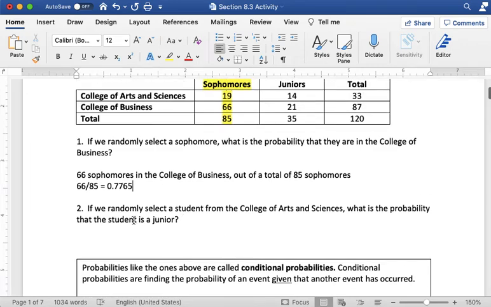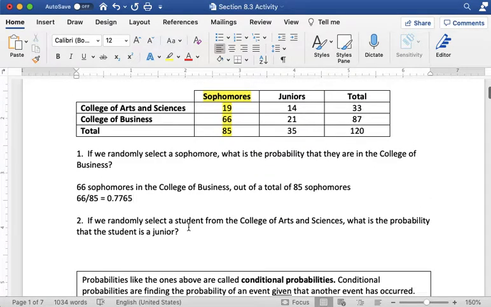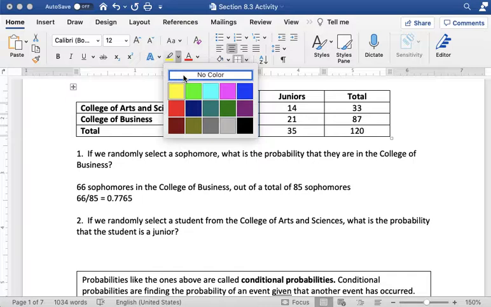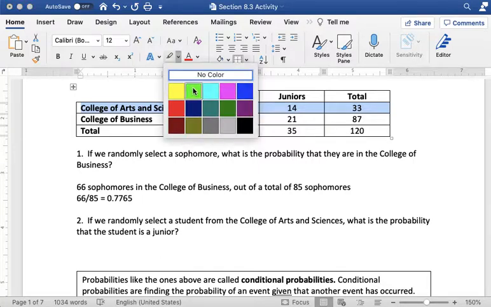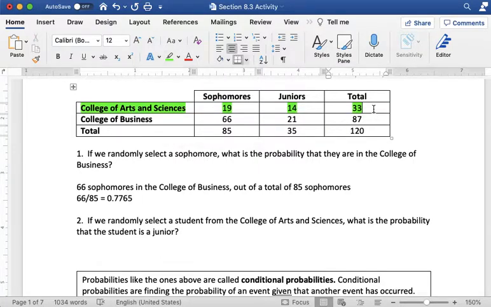Question 2 says, if we randomly select a student from the College of Arts and Sciences, what is the probability that the student is a junior? So now we are looking at only students who are in the College of Arts and Sciences. I'm going to just be looking at this row here. And I see that there are 33 total students from the College of Arts and Sciences, and 14 of them are juniors.